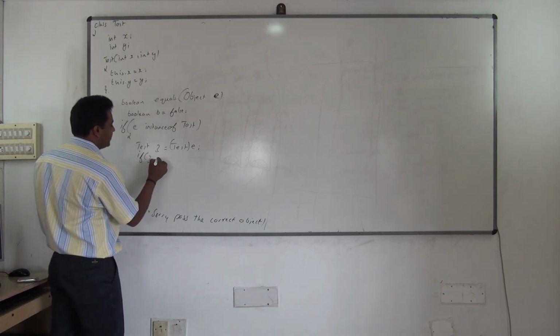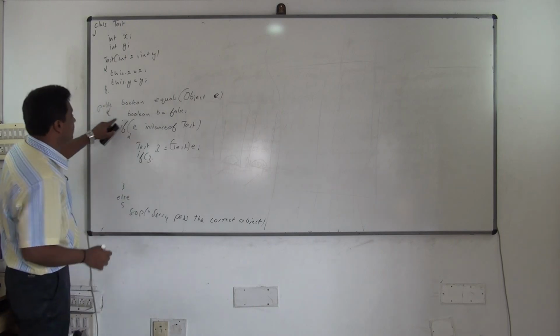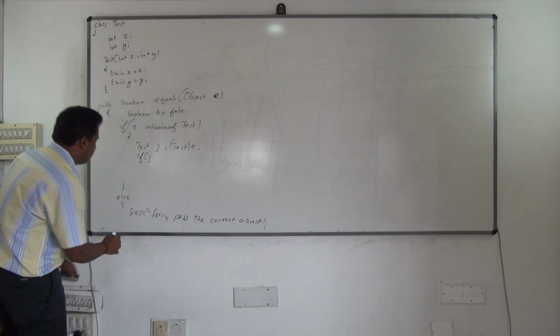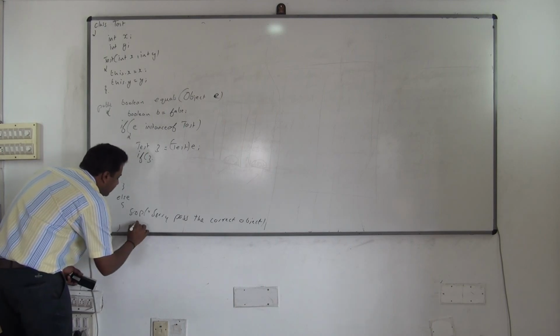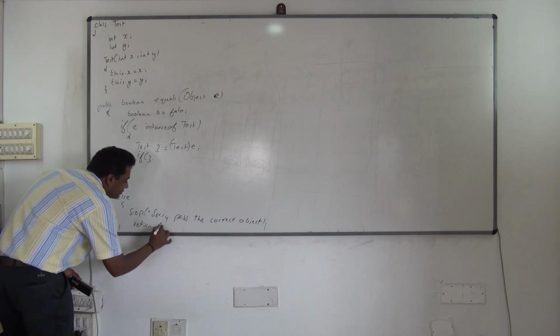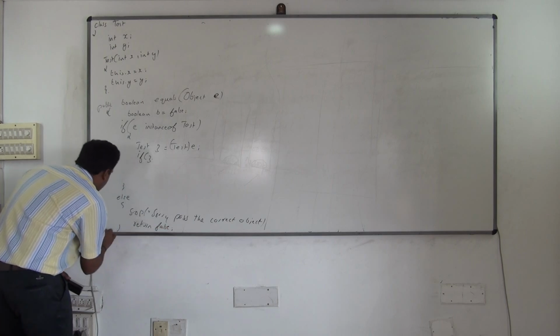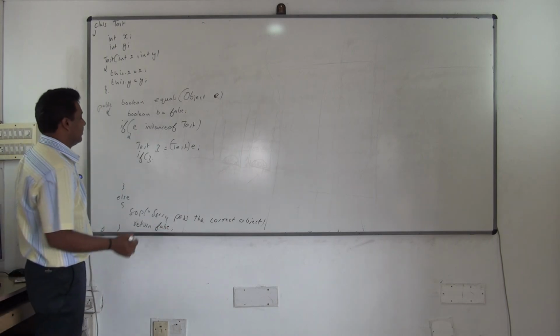If Z dot... okay, sorry, Boolean b is equal to false. Else, what will you do? Directly you say return b. You'll return false now. See, this is how you go on writing logic.